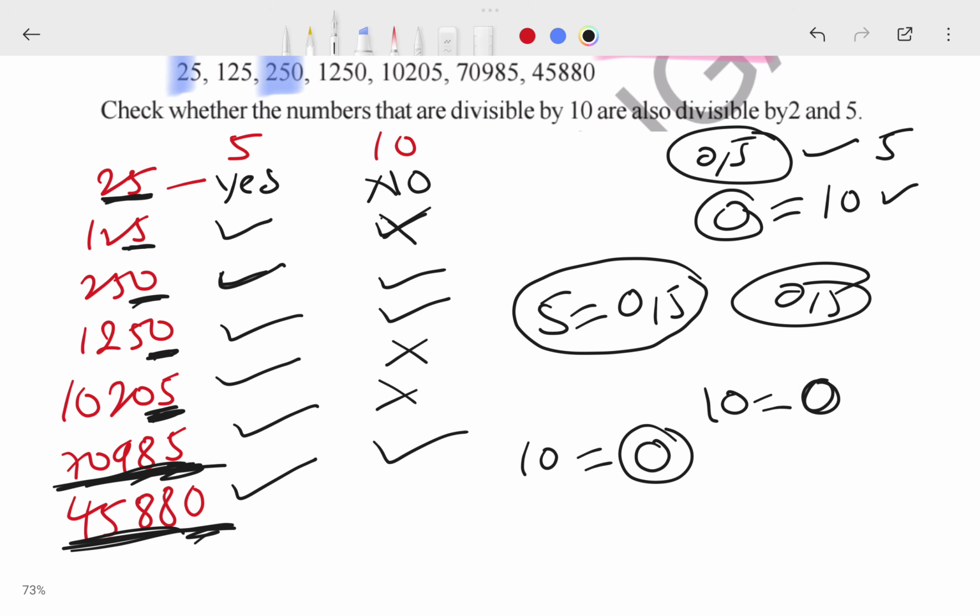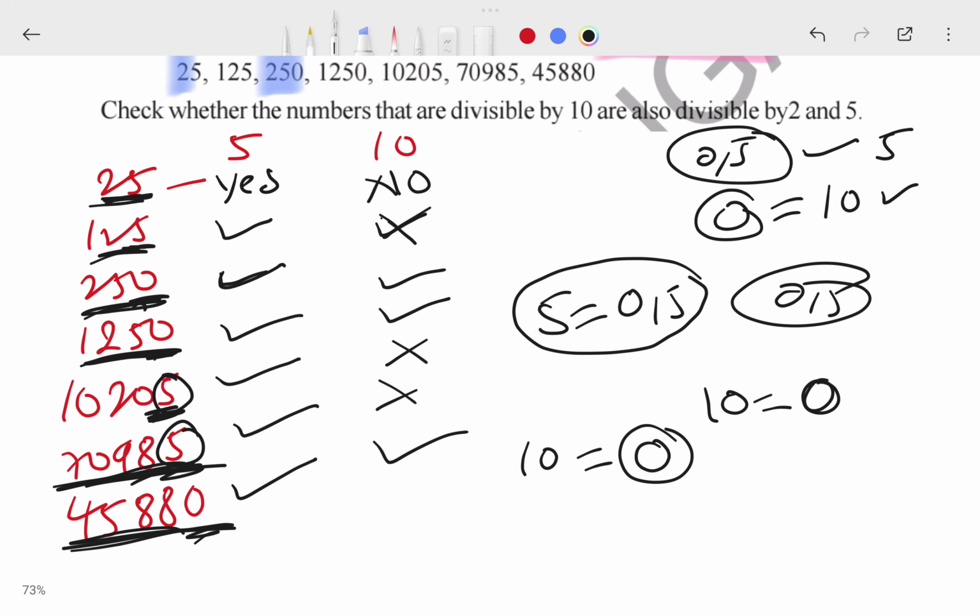This is not divided by 10 because the end number is not 0. Here the end number is not 0, so this is not divided by 10. This end number is 0, that's why it is divided by 10. The end number is 0, that's why it is divided by 10. Here the end number is 5, so that's why it is not divided by 10. Here the end number is not 0. Here it is 5, that's why it is not divided by 10.